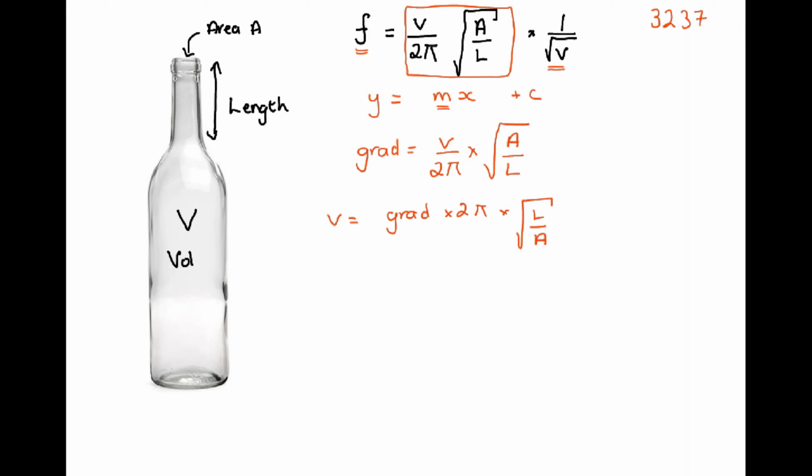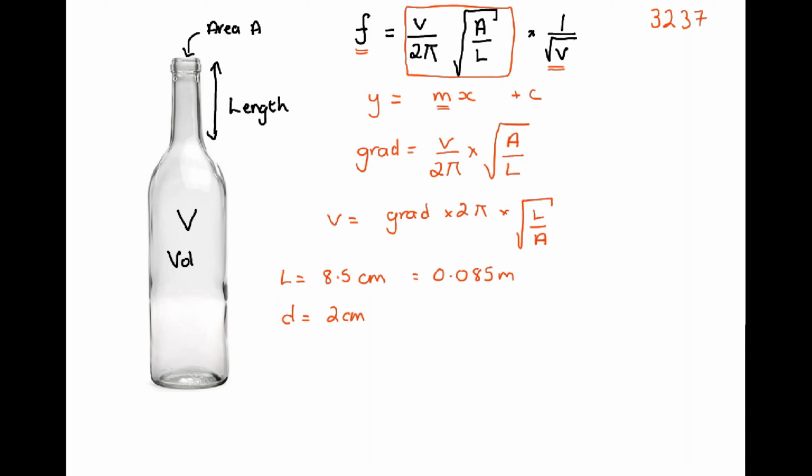Now the L is straightforward enough. My L, I made that 8.5 centimetres. Now everything in this equation is meant to be in metres. So I'm going to turn that into metres, 0.085 metres. Now for the area, well, I measured my diameter and I got 2 centimetres.